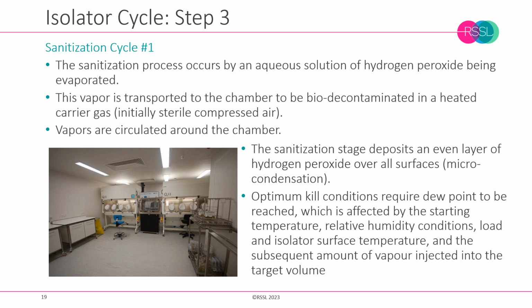And we need the circulation of the vapor, and we also need to remove the hydrogen peroxide at the end. We can't wait for natural decay, because that would take a huge amount of time, but we need to aerate the isolator and bring down that trace level of hydrogen peroxide to an occupationally safe exposure level.